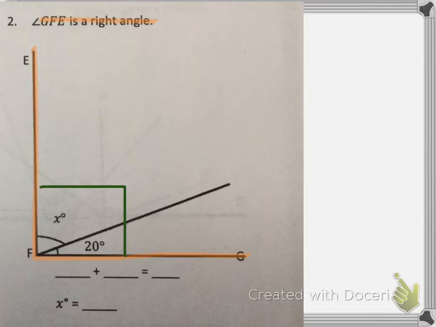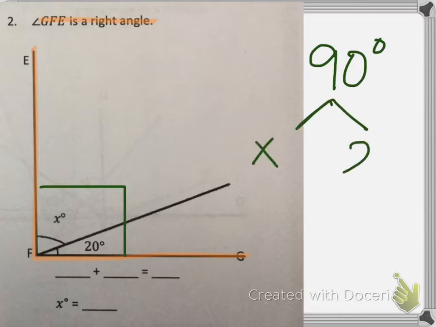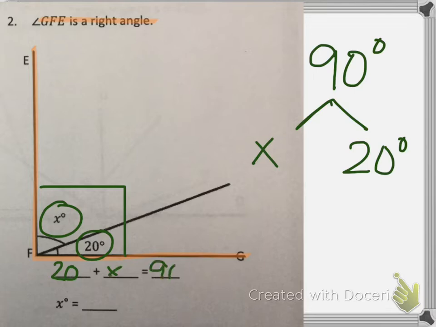Well, if the whole thing is 90 degrees, or a right angle, I can draw my number bond. 90 degrees is the same as X and 20 degrees. 20 is one part, X degrees is another part. So let's write that as a number sentence. 20 plus X equals 90.